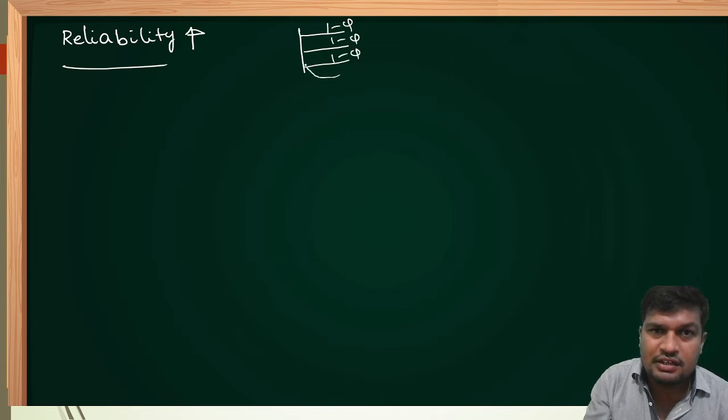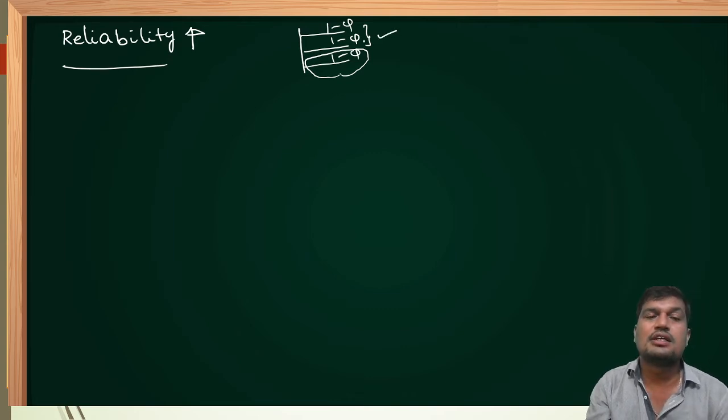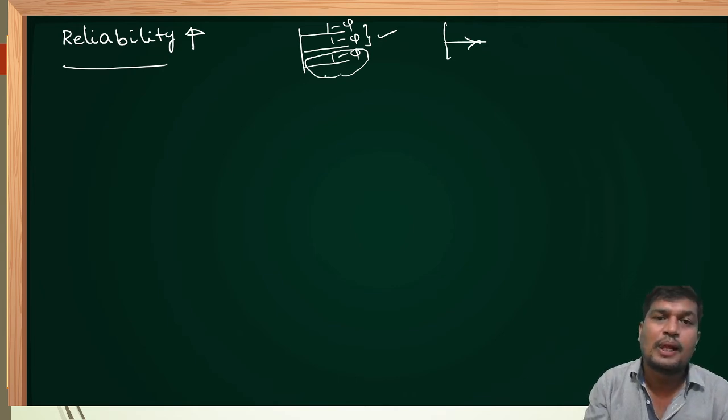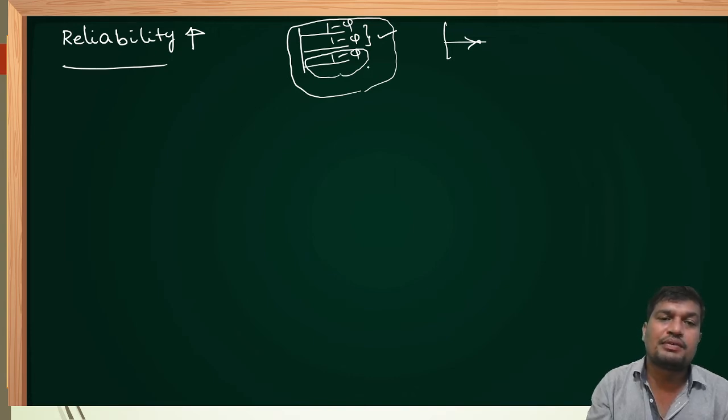Suppose any one phase gets damaged, we can maintain the power system by the other two phases. Therefore, reliability of the power system increases. But in case of only single phase, if this phase gets damaged, we can't maintain the power system. That is the reason why reliability of three phase power generation is more compared to single phase power generation.